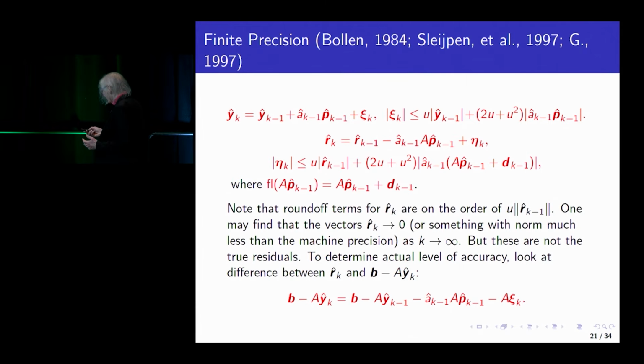The true residual is b minus A y_k hat, which equals b minus A y_{k-1} hat minus a_{k-1} A p_{k-1} hat, and then minus the error A times c_k, where c_k, you recall, was small compared to y_k. It was like u times the size of y_k, or y_{k-1}.